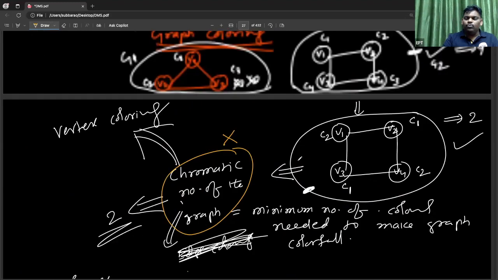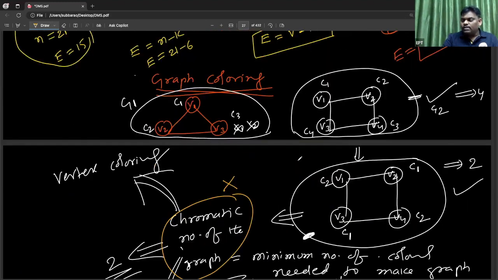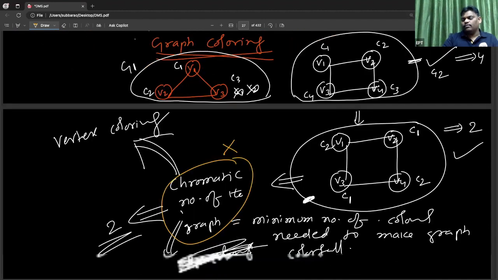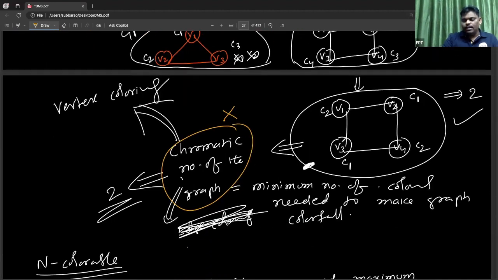Any doubts? Simple: 2 adjacent vertices cannot contain the same color. Like that, for every vertex you have to give a color. That story is called graph coloring. For the given graph, with 2 colors I can color it, 3 colors also I can give, 4 also.